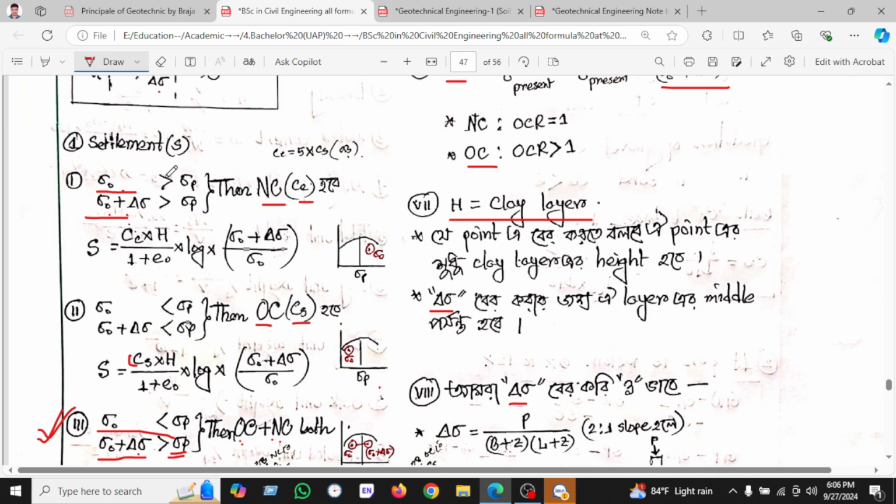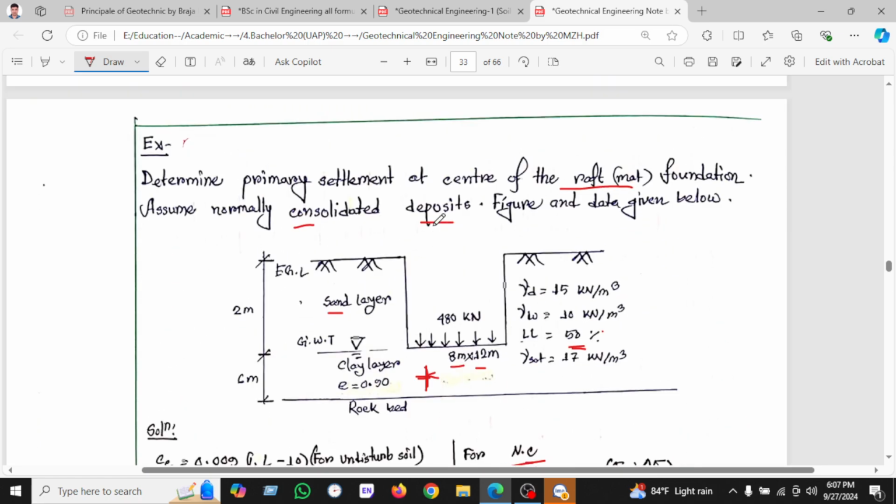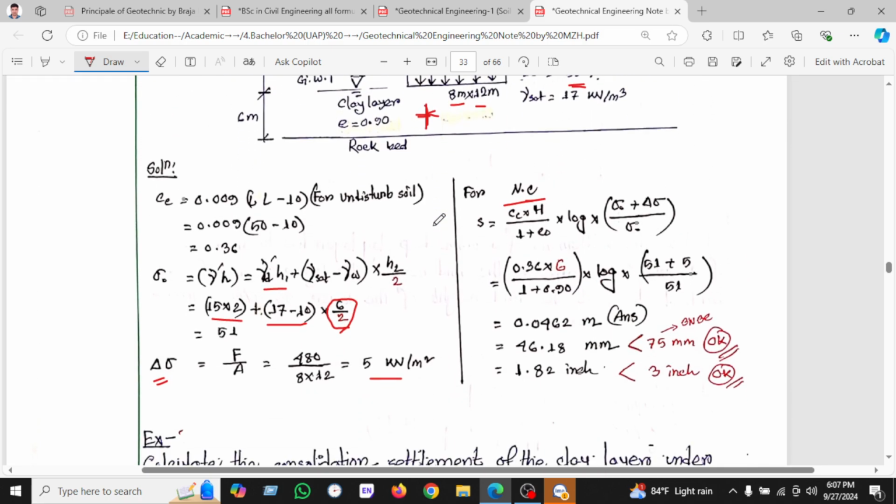Sigma naught is greater than the pre-consolidation stress, and sigma naught plus delta sigma must be greater than the pre-consolidation stress. Then we will use the formula of normal consolidation. So let's go here, and we have seen here the normal consolidation condition is all satisfied here, and that's why we will use the normal consolidation.